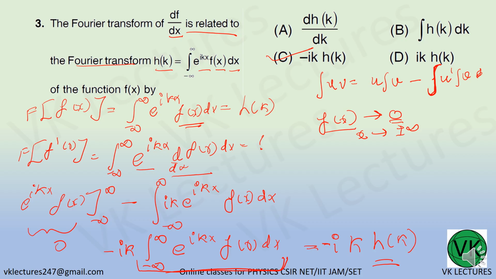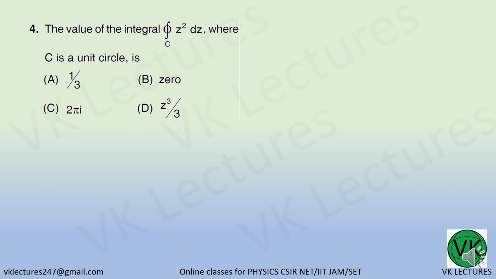Right. The value of the closed integral over c of z square dz, where c is the unit circle, is what we have to find. Now let us write what z is equal to. z is equal to r e power i theta. It is given c is a unit circle, which means radius is equal to 1.